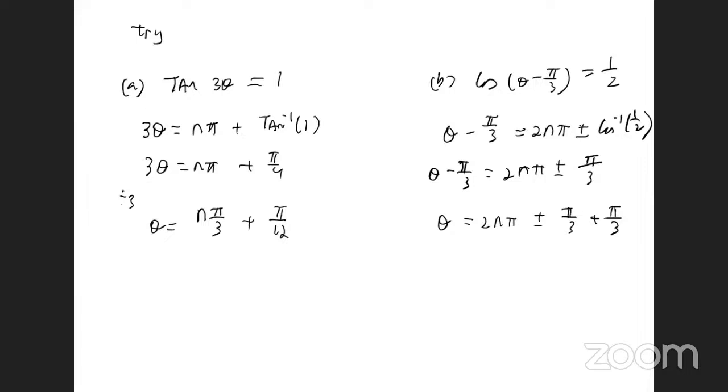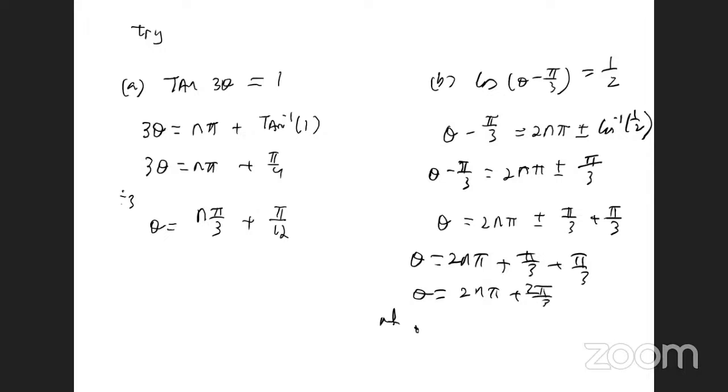If you want to simplify it, one of the options is to write this: 2n pi plus pi on 3 plus pi on 3, which is 2n pi plus 2/3 pi. That's one option.